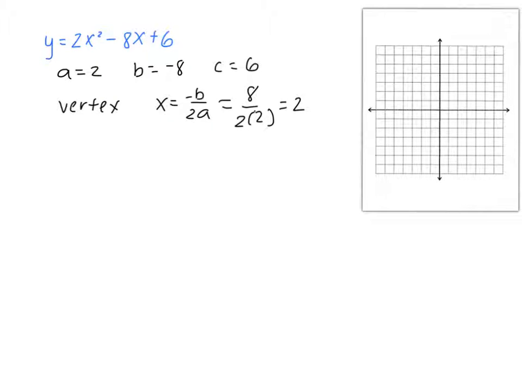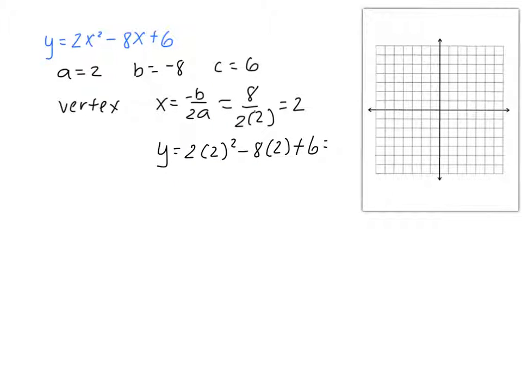To find the y-coordinate that goes with that, we take this 2 and plug it back into the equation for the x. So y becomes 2 times 2 squared minus 8 times 2 plus 6.